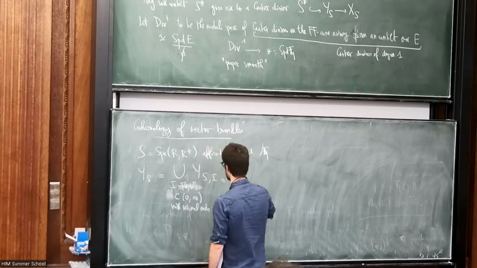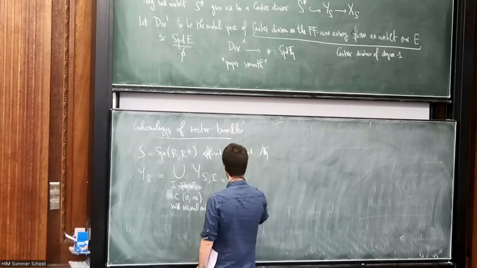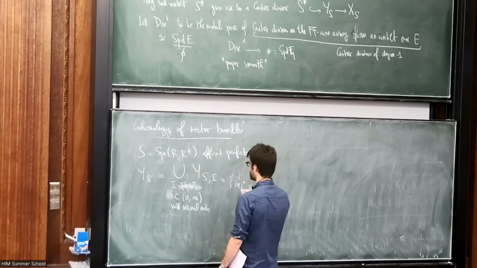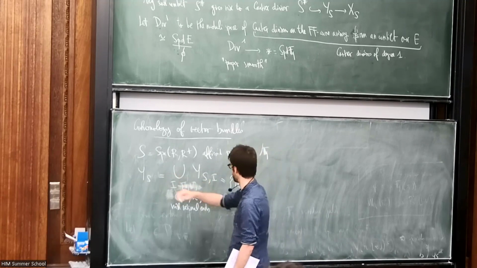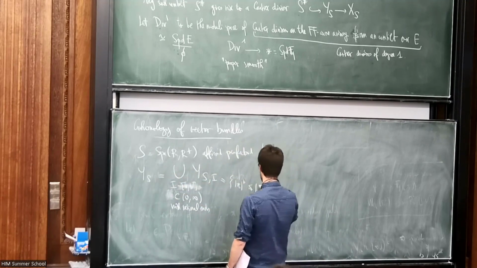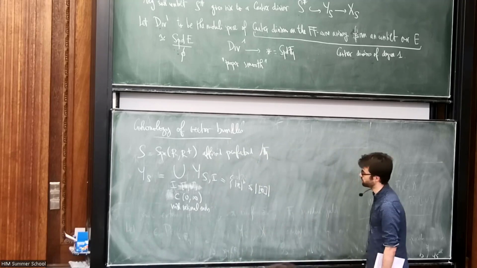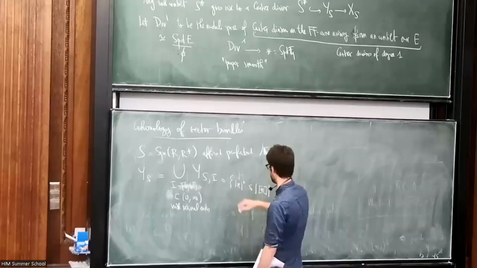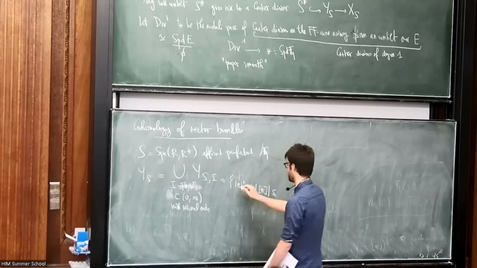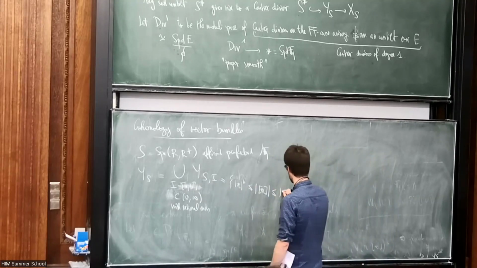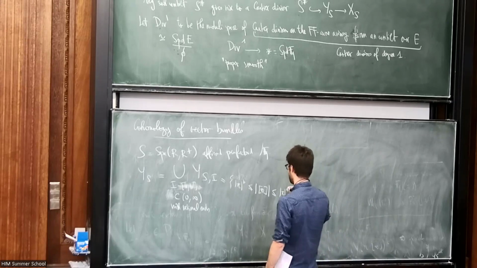It's just the locus in Y_S, which is a space of valuations by construction of adic spaces, where the valuation of the Teichmüller of the pseudo-uniformizer is in between the valuation of pi to the b and the valuation of pi to the a.